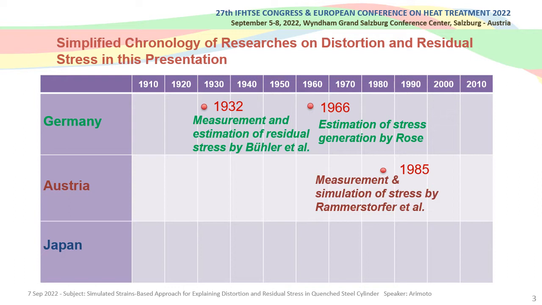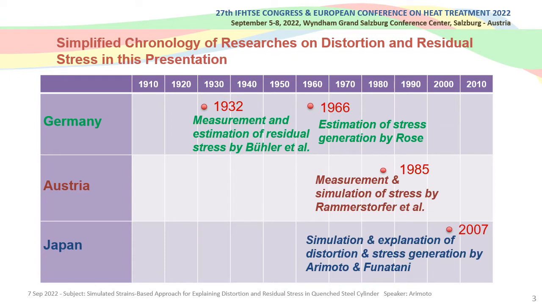In this work, quenching experiments and residual stress measurements were also performed and were reported in 1985. In 2007, Arimoto and Funatani used the simulated strain-based approach to explain the quenched residual stress generation in iron-nickel alloy cylinders.